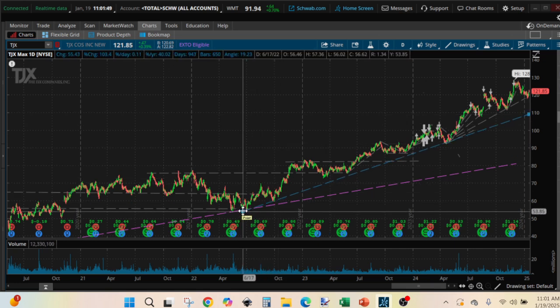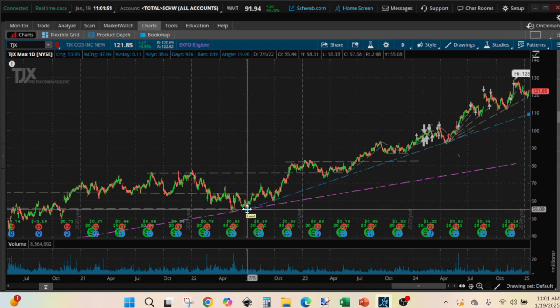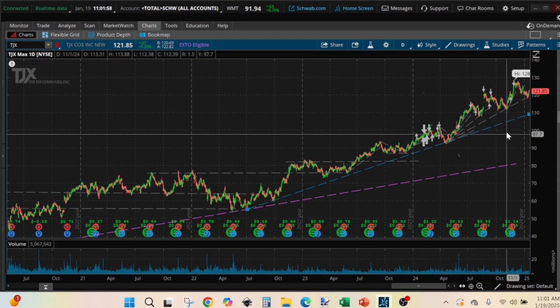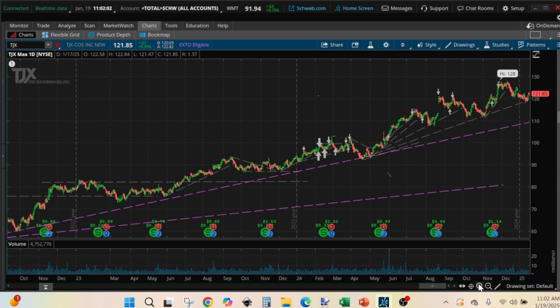So I like to call them upward trend lines. You can call them support lines as well. And we have two here. That is, they are our entry point. I like to call them the valley as well. So we like to buy the stock at those lines.